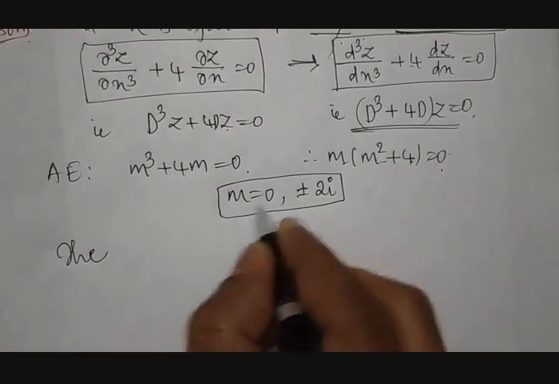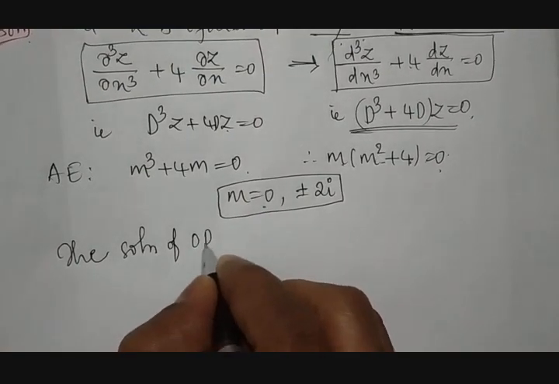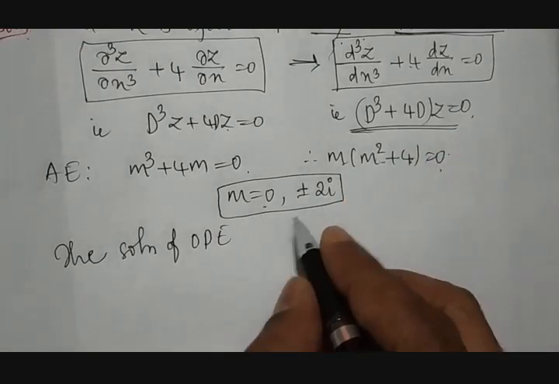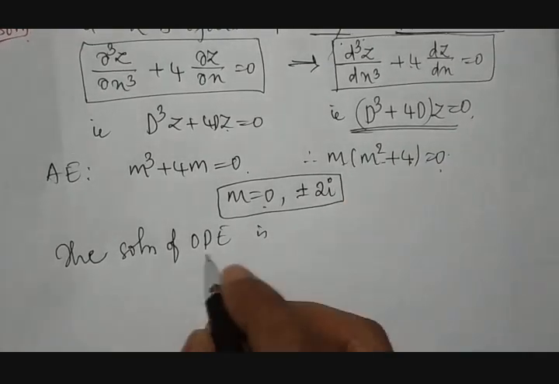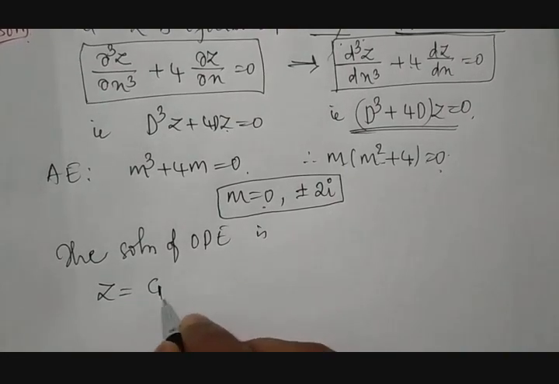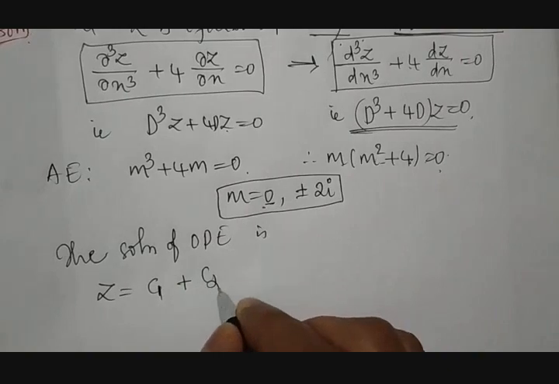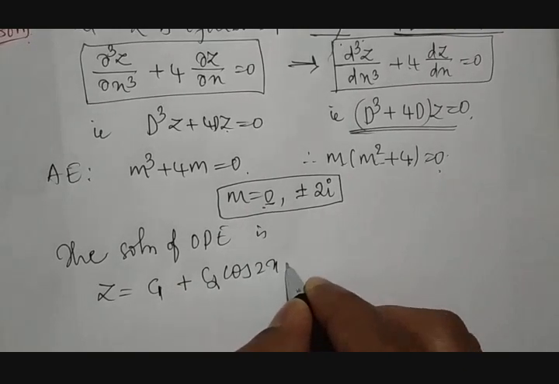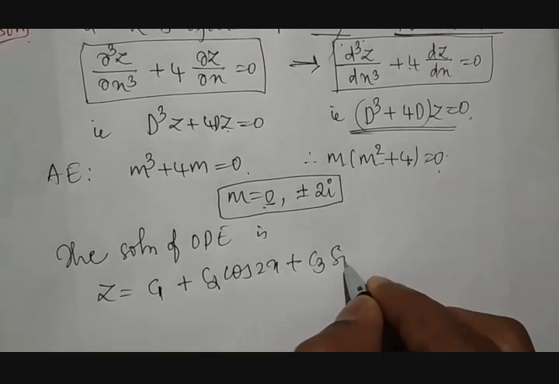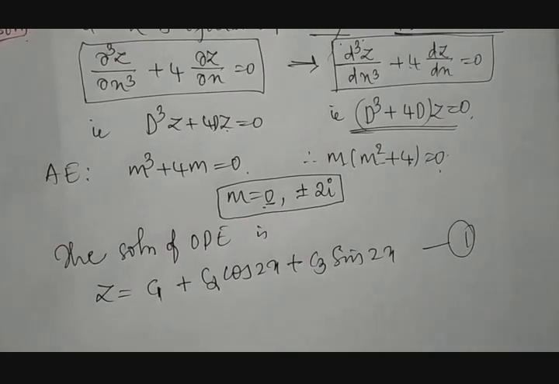Based on these roots, the solution of the given ordinary differential equation can be written as z = C1 e^0 + C2 cos 2x + C3 sin 2x, so z = C1 + C2 cos 2x + C3 sin 2x. I call this equation number 1.